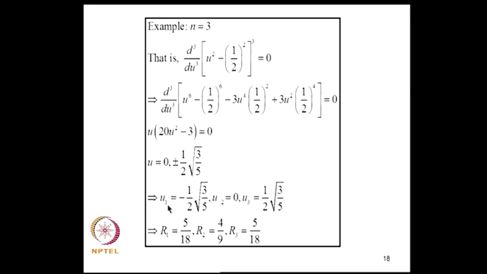So, the first point I have to select is this, the second one is 0, the third point is this. With these weights I add and evaluate the integral. So, 2n minus 1, that is 6 minus 1, means a fifth order polynomial will be exactly evaluated by these weights, because the function is a polynomial.